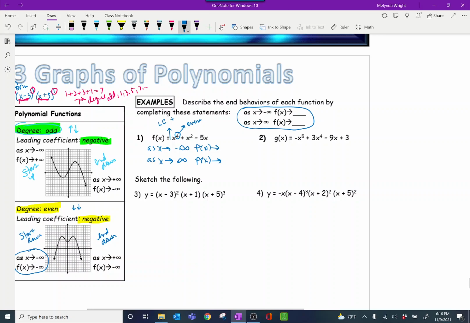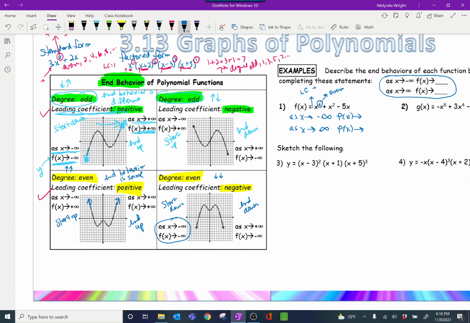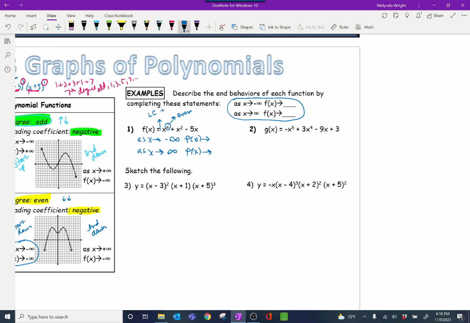Even positive: when it's even, the end behavior is the same. If it's positive, we start up and end up. So as we head to negative infinity, we're going up to very high y values. As we head to positive infinity, we're going up. So in both directions y is going to get bigger and bigger.